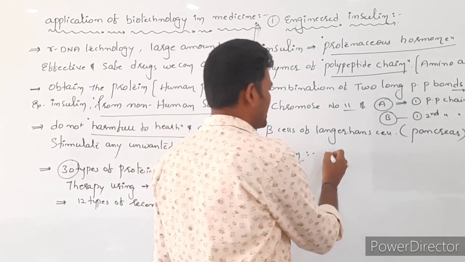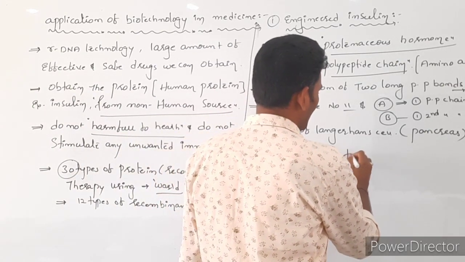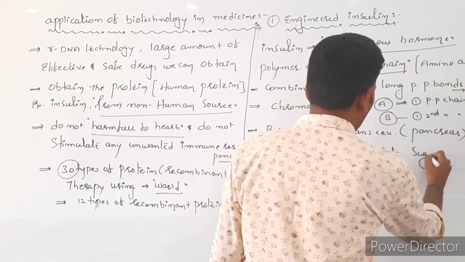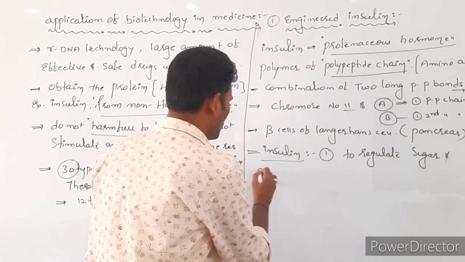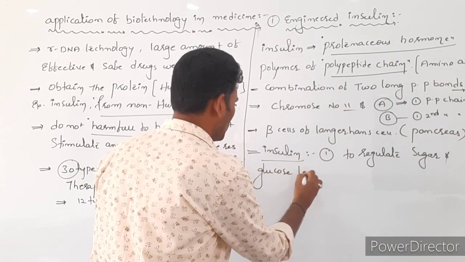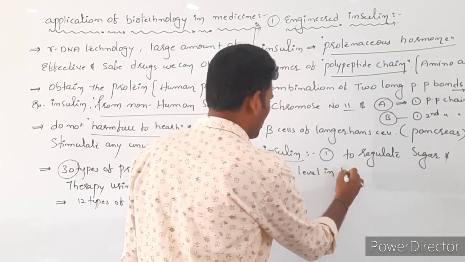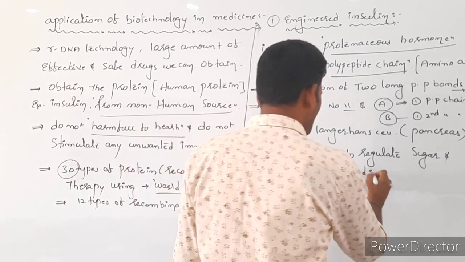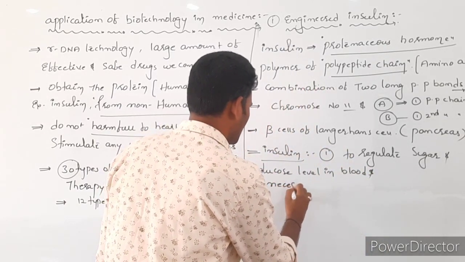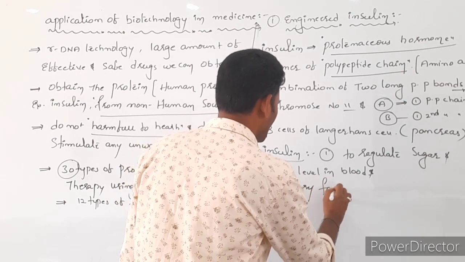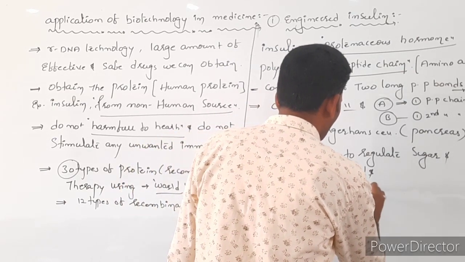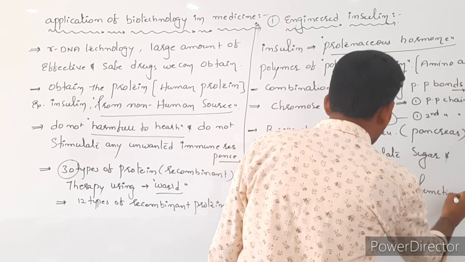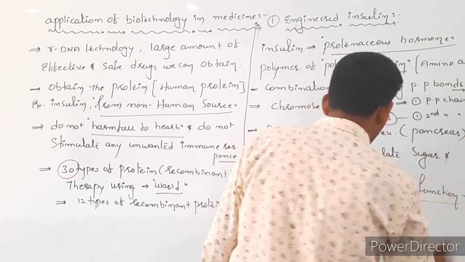First, insulin has the capacity to regulate the sugar level, nothing but the glucose level, in the blood. Besides this, insulin is necessary for normal body functions. Clear?